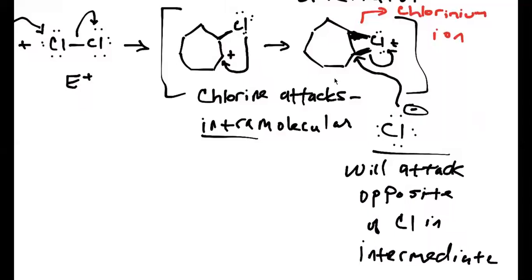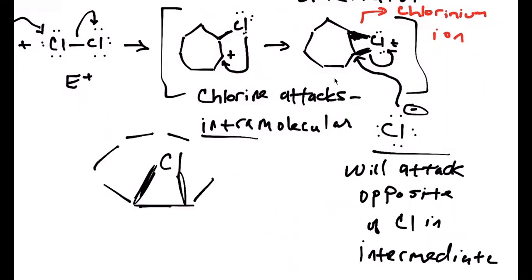Right, so if I were to draw it out flat, that chlorine is up here. Of course, all the rest of the ring is back here. So the other chlorine, when it comes in, it's not going to come from here, because that's going to cause problems. Because first of all, chlorine is big. It's got a big atomic radius.